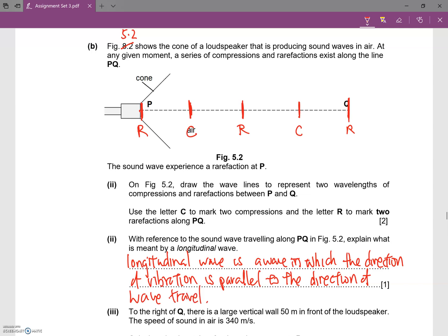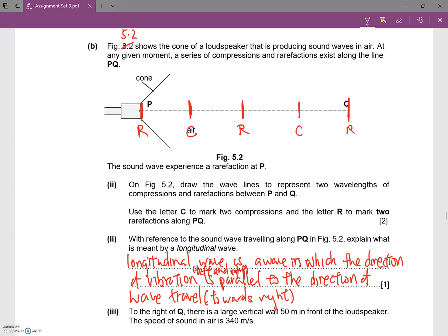In this case, to be very precise, the direction of vibration is left and right. The direction of wave travel is towards the right.